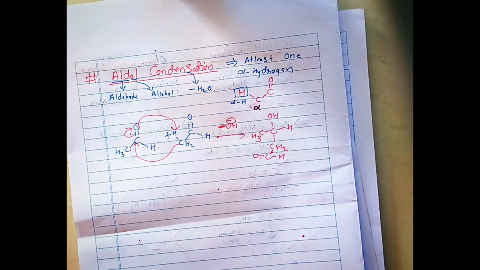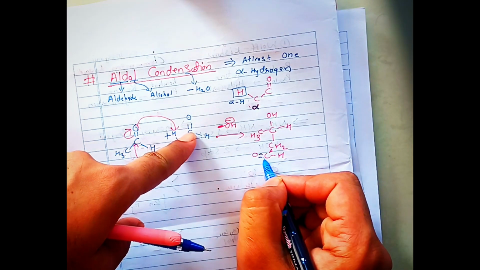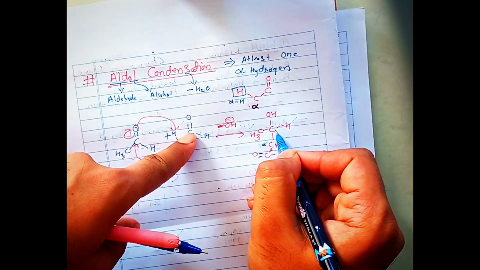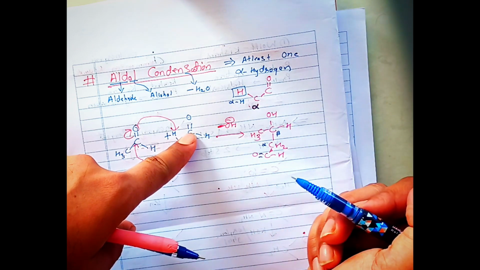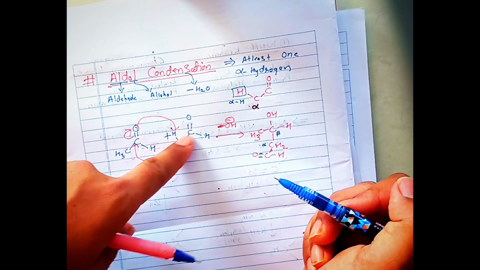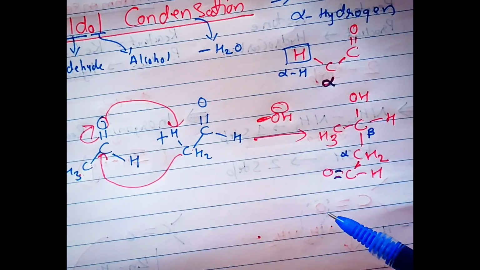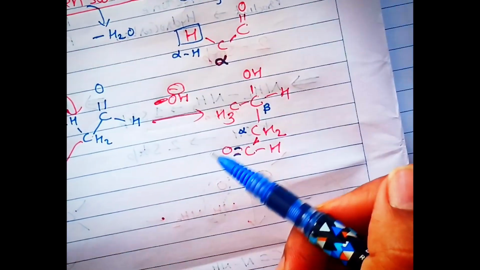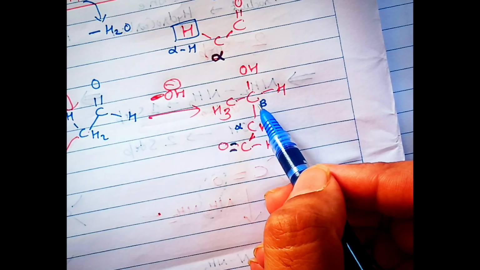Okay, here there will be beta hydroxyaldehyde. This will be alpha and this will be beta. For the beta carbon there will be a hydroxyl group, right? See here, this will be alpha, this will be beta.